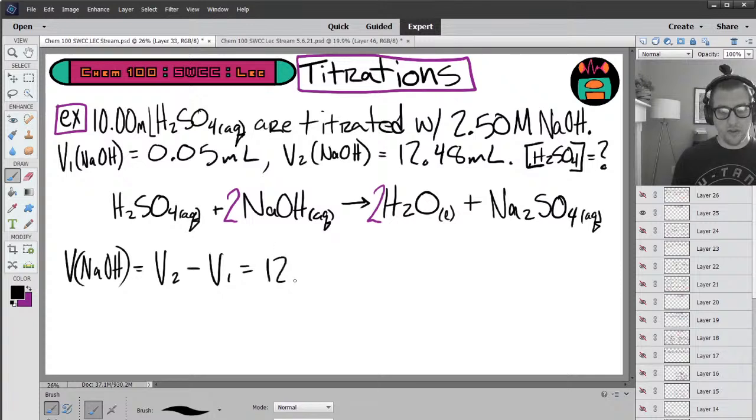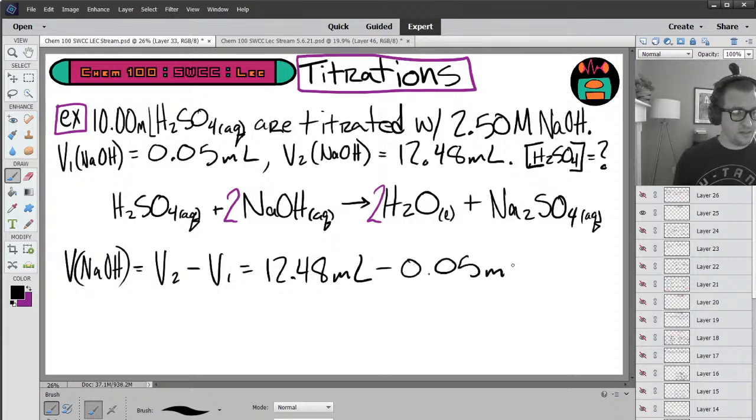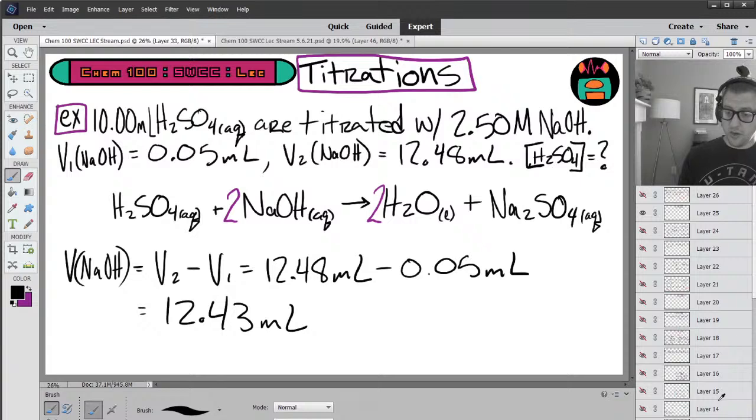So final volume 12.48 milliliters minus 0.05 milliliters gives us a volume of 12.43 milliliters. My sig figs are spot on because my last sig fig in both of these numbers is in the second decimal place. My answer has its last sig fig in the second decimal place, so nothing needs to change.